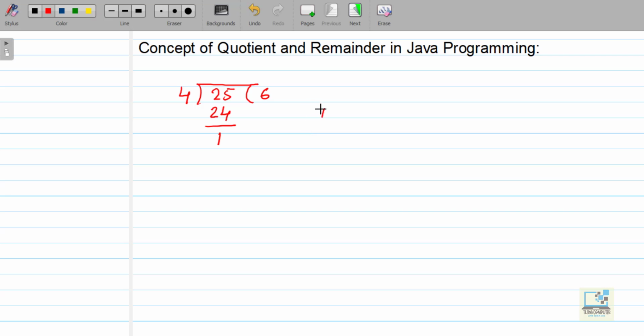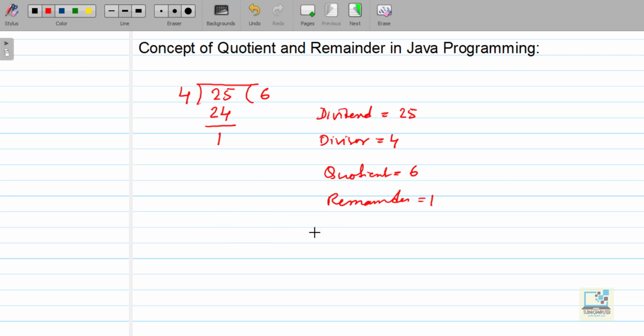In this example, dividend is 25. Divisor is 4. Quotient is 6 and remainder is 1, right?